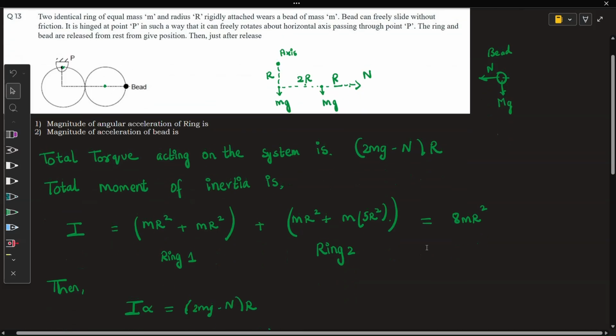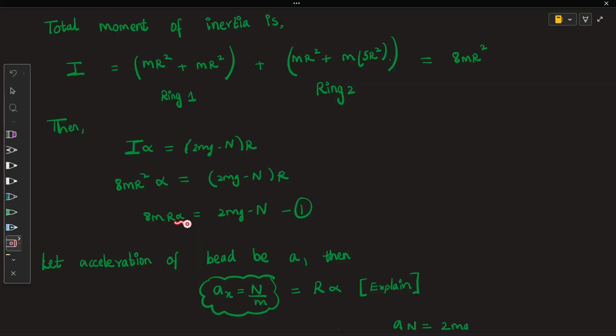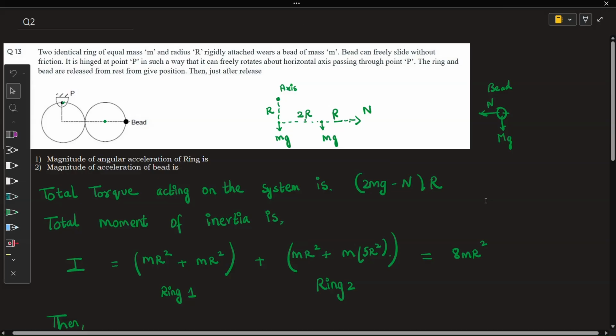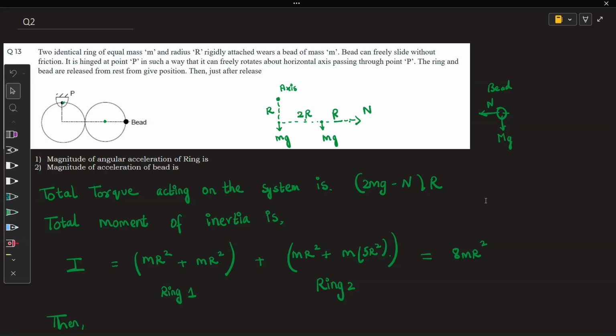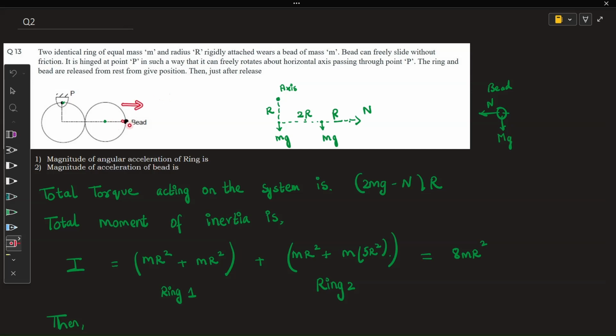Now you may ask, you have two unknown quantities, alpha and N, and you don't have that many equations. How are you going to link that? There comes a point: when these two things are in contact at that particular instant, their accelerations in x direction are the same.